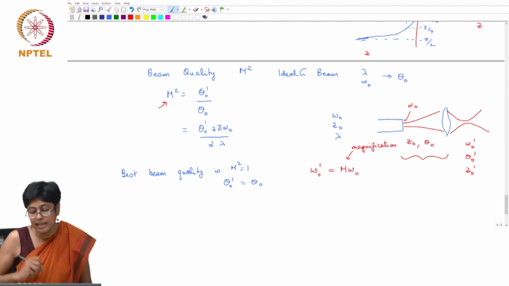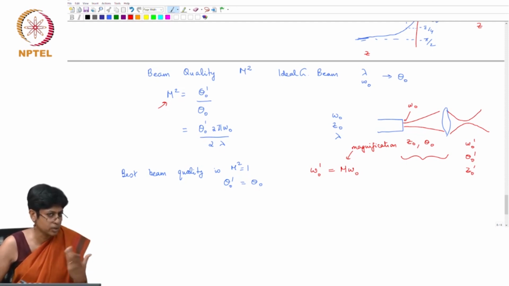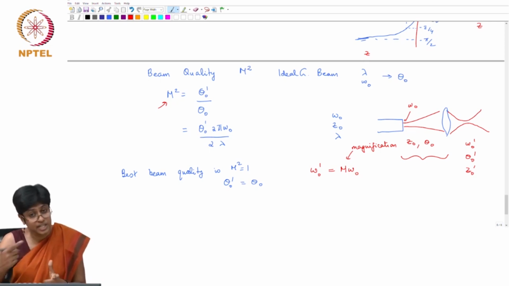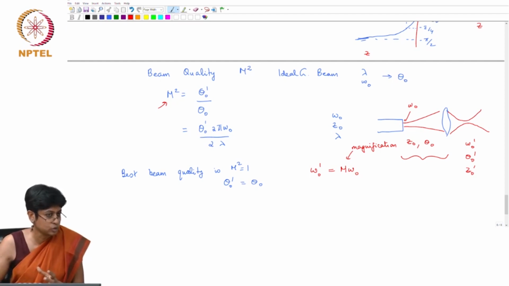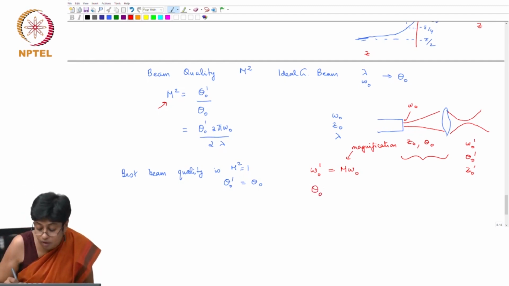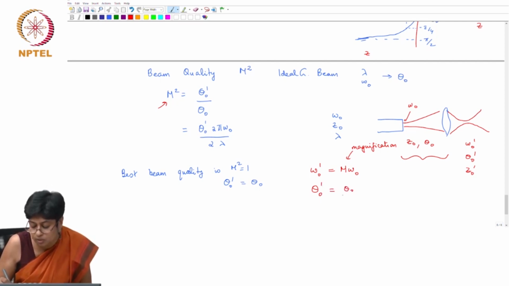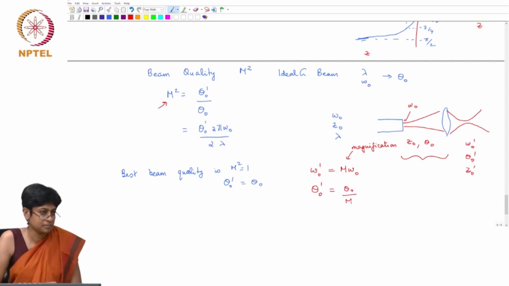Let's say the lens magnified, and remember magnification could be less than 1, so I could have a smaller spot size. So omega naught dash is the transformed value of the spot because of the optical system that I'm using with magnification m. But if omega naught dash changes in this way, it automatically implies the new divergence is the old divergence divided by m.